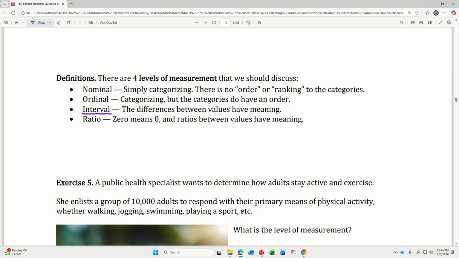But this is not a ratio level of measurement, because if the temperature outside was 10 degrees Fahrenheit today, and tomorrow we woke up and the temperature was 20 degrees Fahrenheit, I would not tell you that it's twice as hot. That would be kind of silly, right?